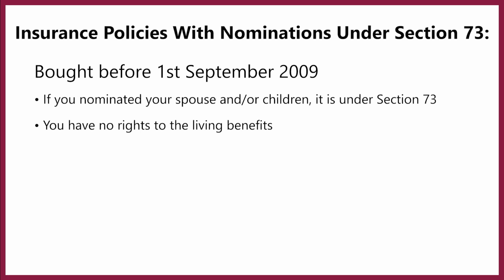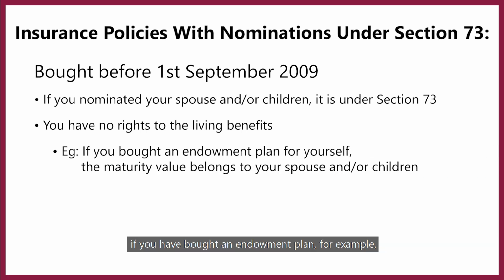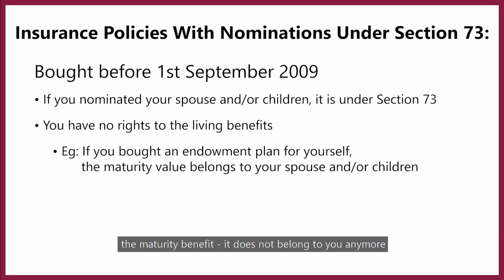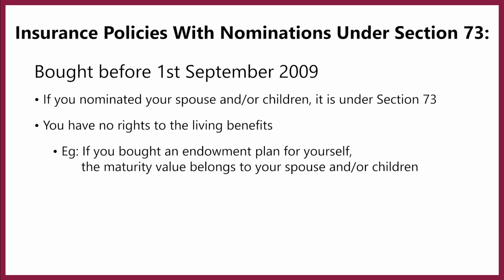What I mean is that if you have bought an endowment plan, for example, for your own retirement, when the endowment plan matures, the maturity benefit does not belong to you anymore. It belongs to your spouse and or children. And you cannot sue them for it because you have irrevocably given the benefits to your spouse or children.